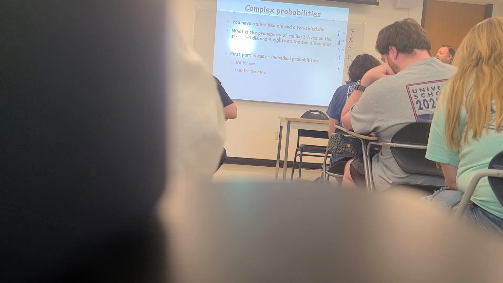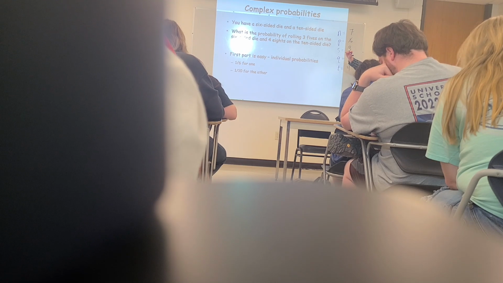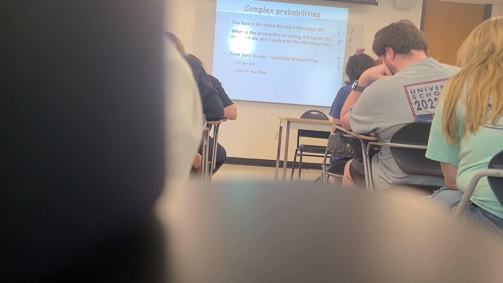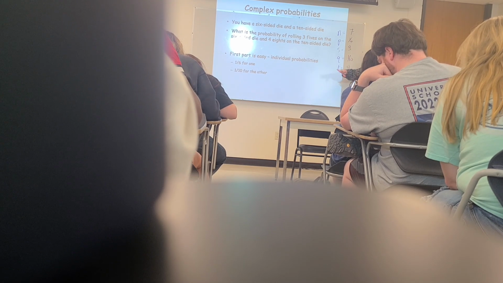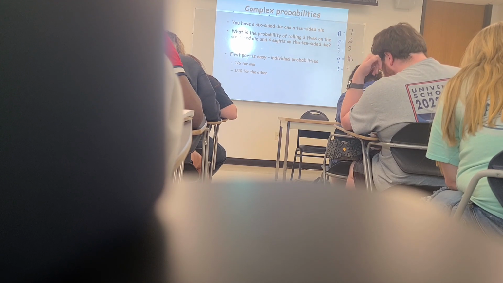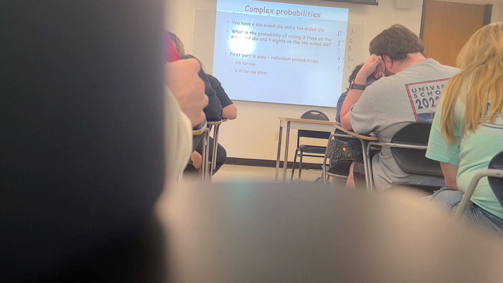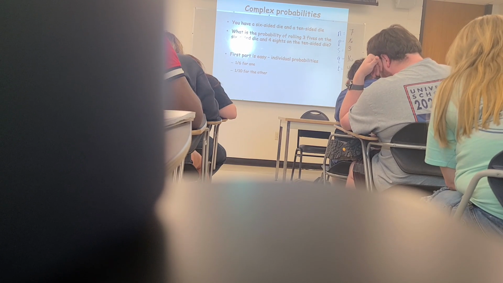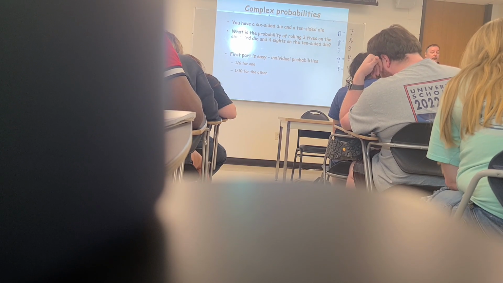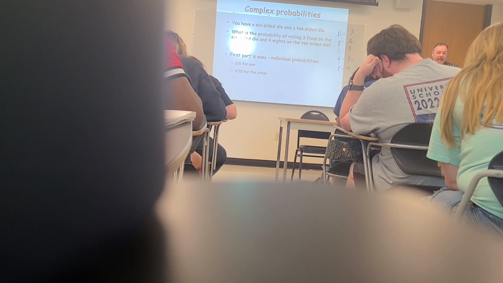Again, when we look at individual probabilities, we look at how many things we want to happen, and how many total possibilities there are. Again, 1 out of 6, because the die only has 6 sides. Just like when you look at a deck of cards, there's 52 possibilities. You're looking for 1 out of 52, 4 out of 52, maybe 8 out of 52, who knows? How many things you want versus how many total things can happen.